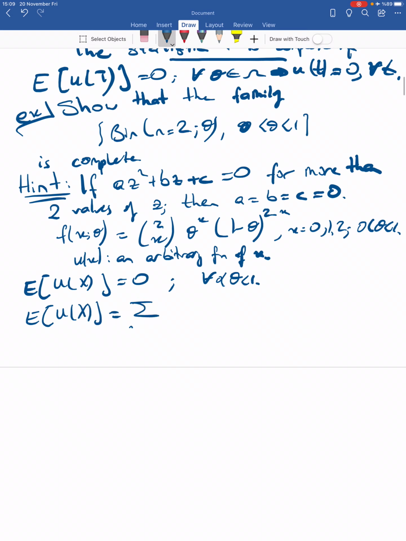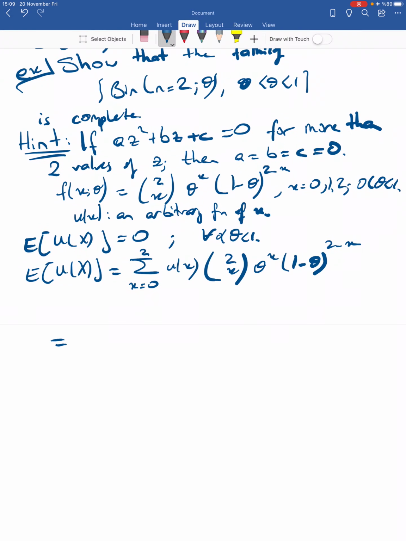We have a binomial random variable, X from 0 to 2: u(x) times (2 choose x) theta to the x, (1 minus theta) to the 2 minus x. Let's open this up.